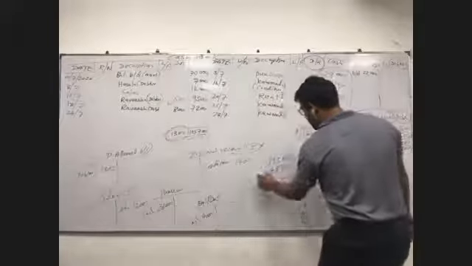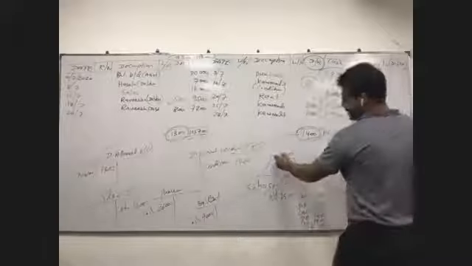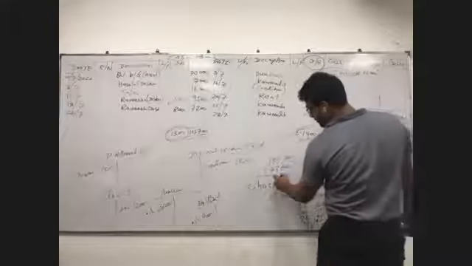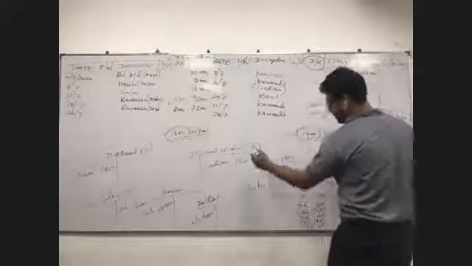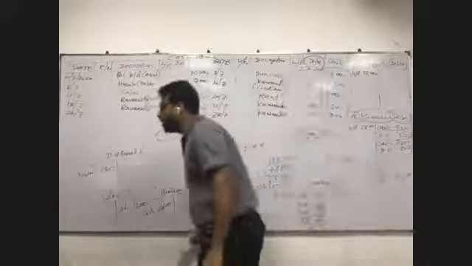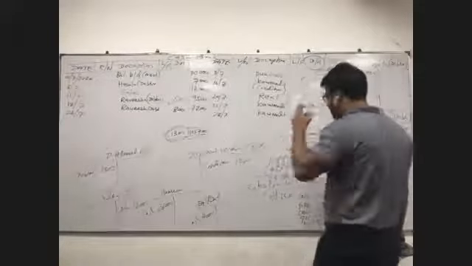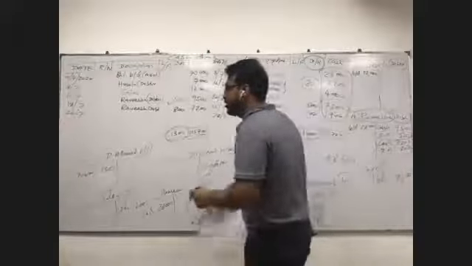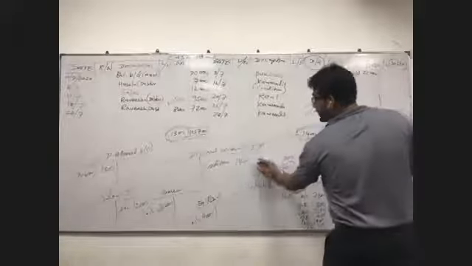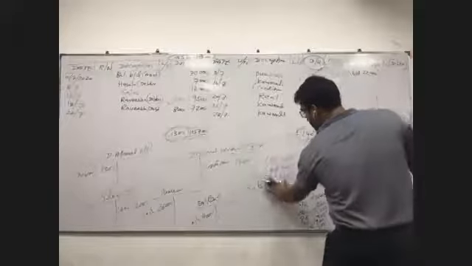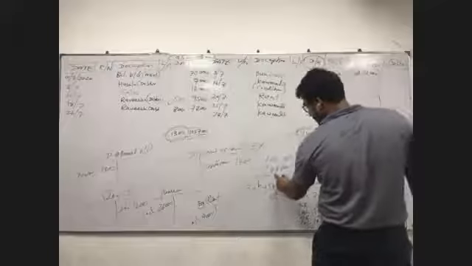What is the balance? 13 minus 8, 5; 12 minus this, 8. Is it 85,100 balance? Correct, guys? What is the balance? No, this is not 133. It's 105, so 105,700.